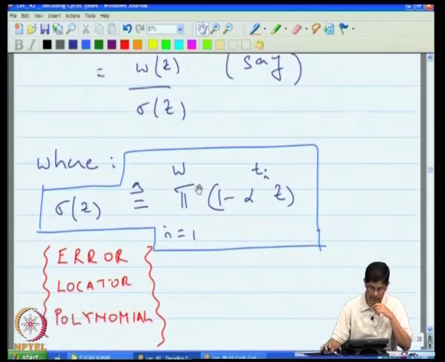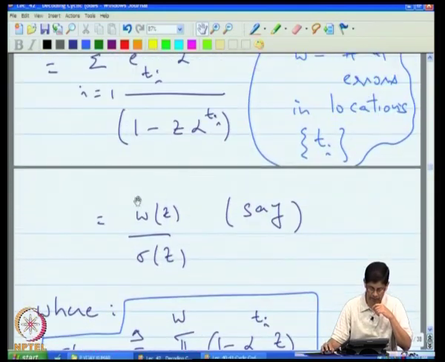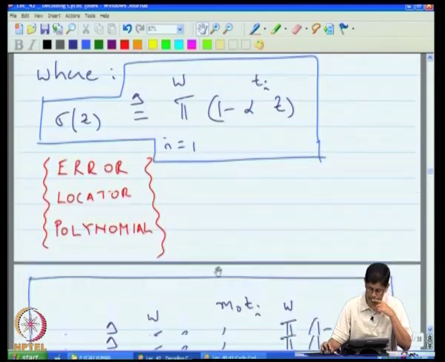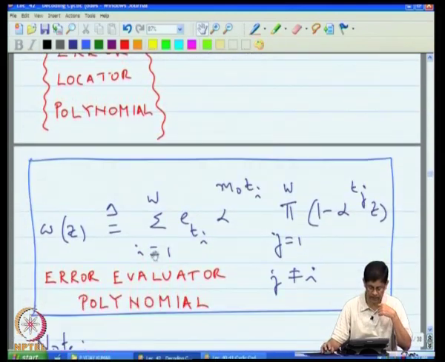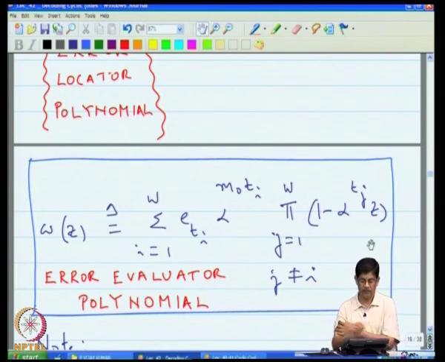Similarly, if you actually work this out, you will find that omega of z is given by an expression like this. It is the sum over i equal to 1 to w of E sub ti alpha to the m naught ti, times the product over j equal to 1 to w, j not equal to i, of 1 minus alpha to the tj z.